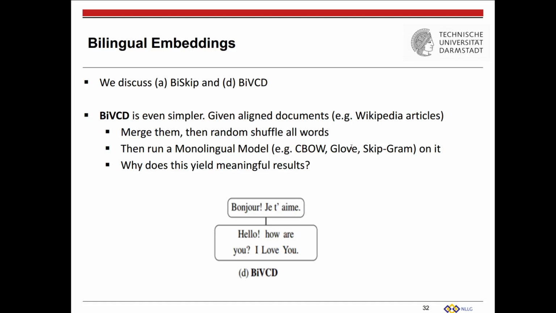And also what's coming out is that words that are similar across languages, like am and love, so these are translations of each other, would typically occur with a similar randomly shuffled context. And because they have similar randomly shuffled contexts, they would probably get vectors that are quite similar in nature, thereby satisfying the cross-lingual property that cross-lingually similar words also have similar vectors.